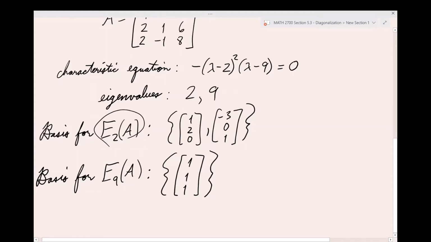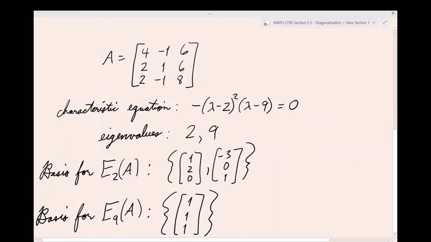And for this particular matrix in this example, something really important and nice happened. This matrix is an n by n, a square matrix with our n being 3. So I've got the 3 columns here.